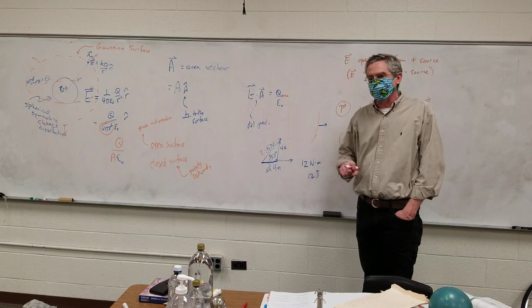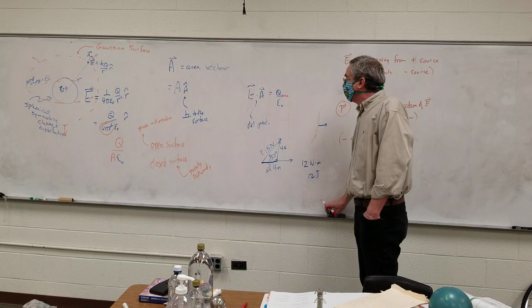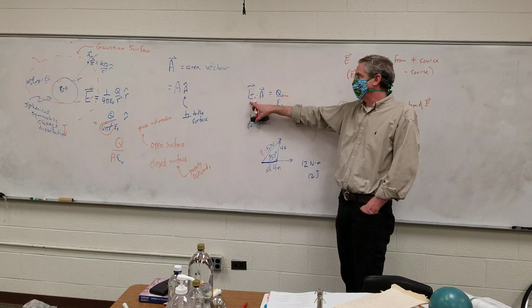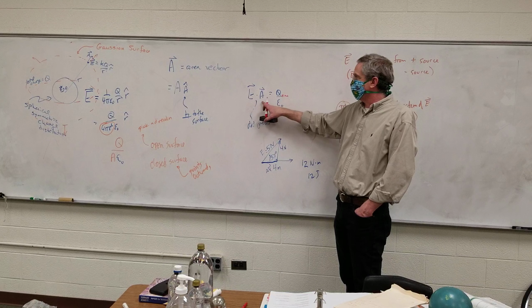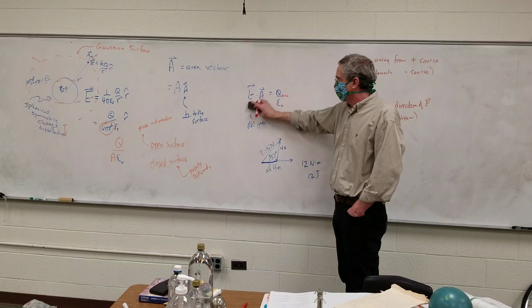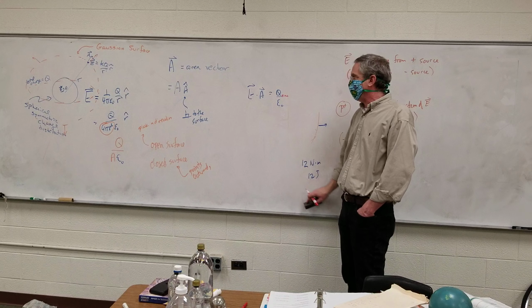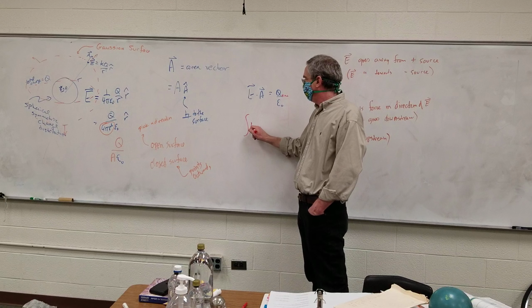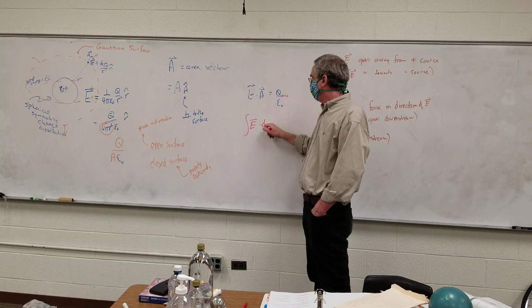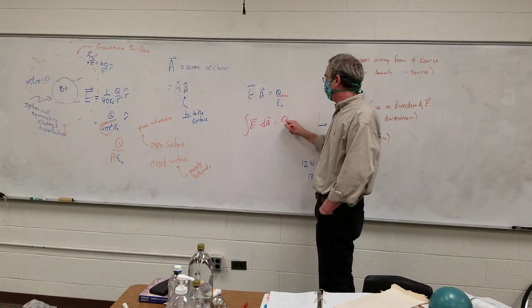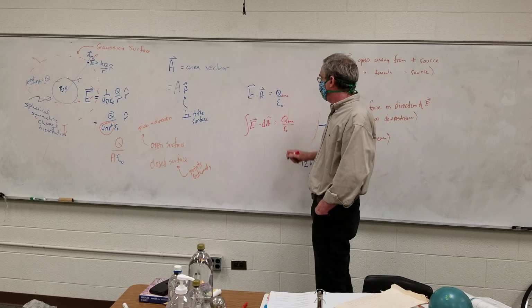We can take it one step further, because this assumes I got a constant electric field and a constant area, that this is relatively simple to do, but what the heck? It's a calculus-based course. Let's throw some calculus into it. The dot is still there, is equal to the enclosed charge over epsilon sub naught.